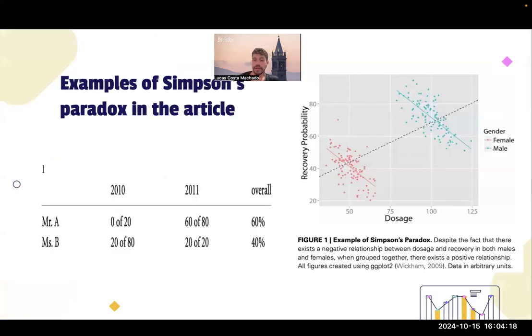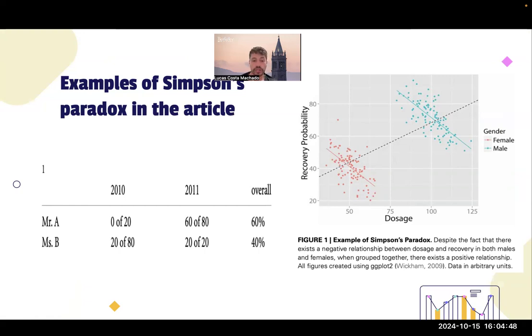Well, here we have two examples in addition to the other one that I told you about that were discussed in the article. The first one is more to describe what Simpson's paradox is. Basically, you have person A and person B who submitted articles to be approved in 2010 and 2011, and those people are being compared to decide who is going to be the professor for a certain university.